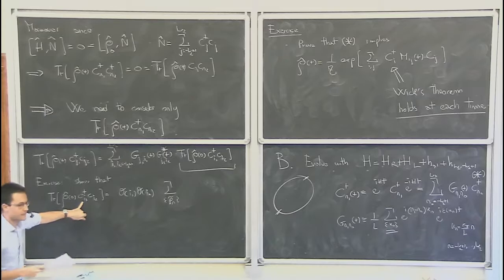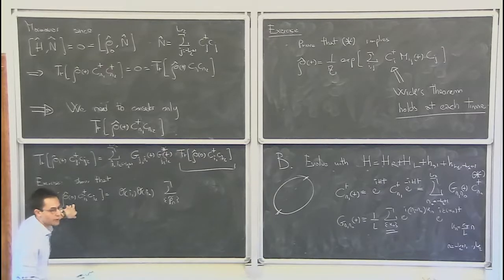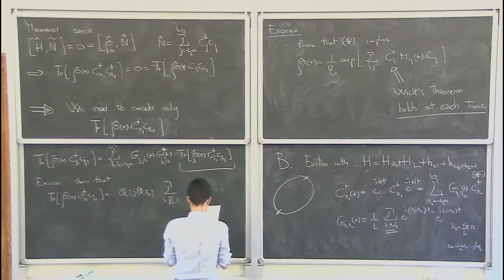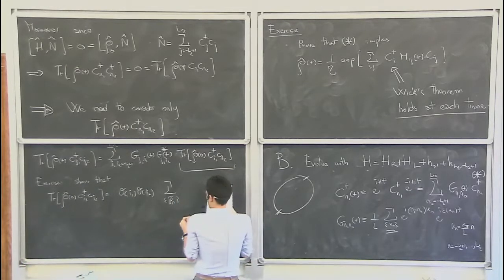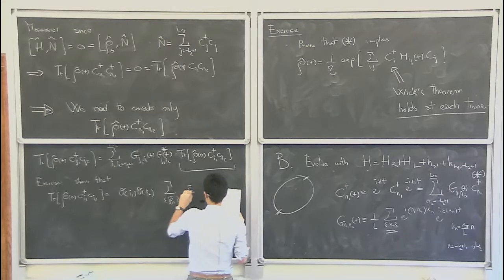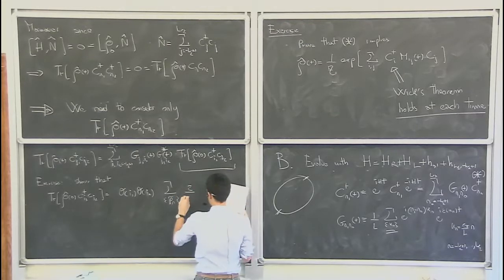You write this C here, you write it in the diagonal basis for rho. These are all operators, right? Well, okay. And what's the diagonal basis?